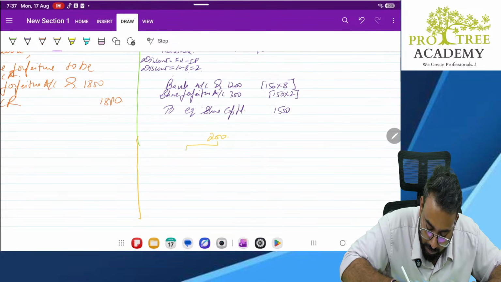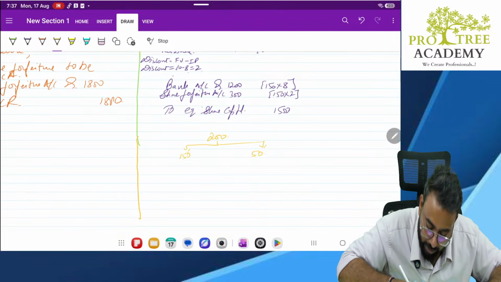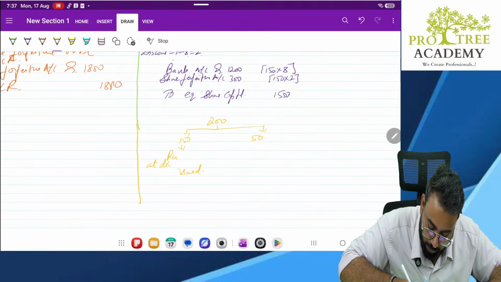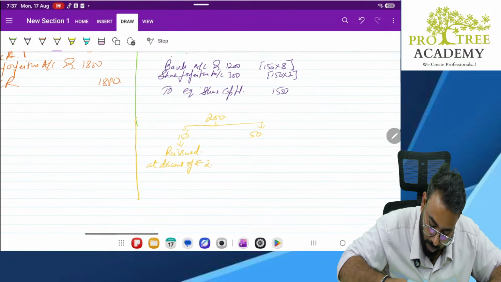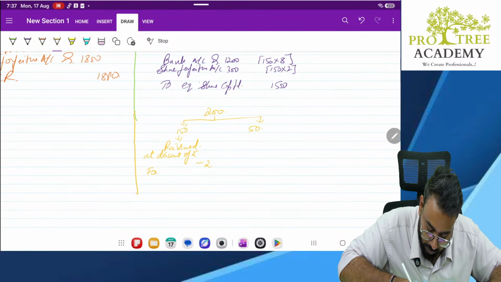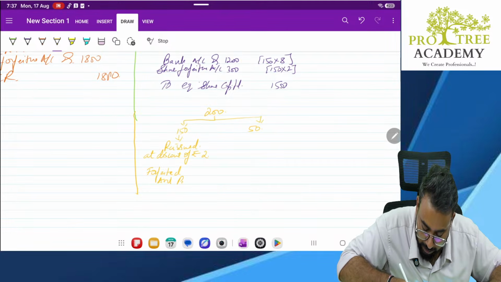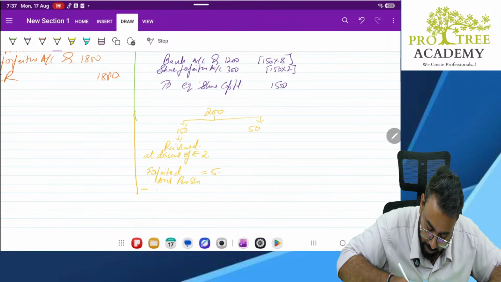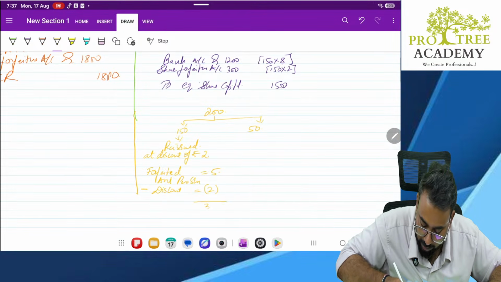200 shares, 150 reissued, 50. Correct? Reissued at a discount of rupees 2. Forfeited amount per share is how much? 5, minus discount 2. What is remaining? 3.